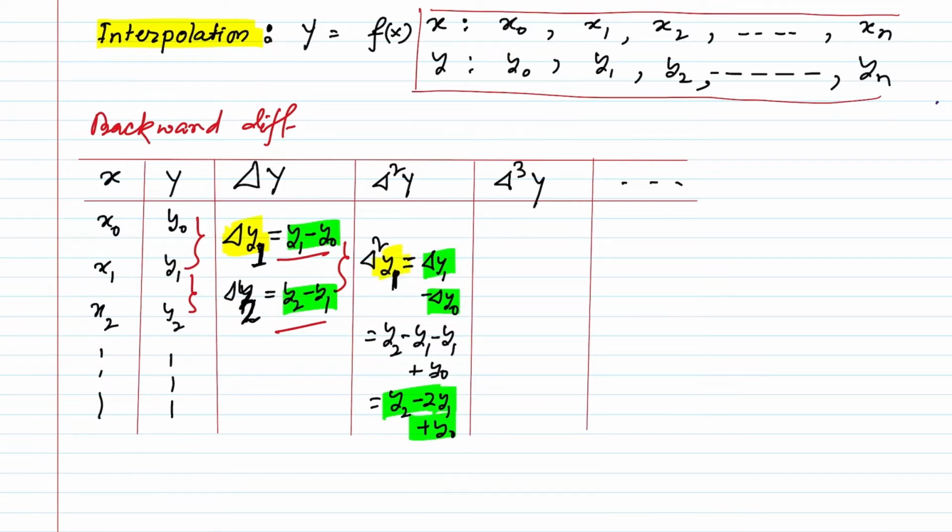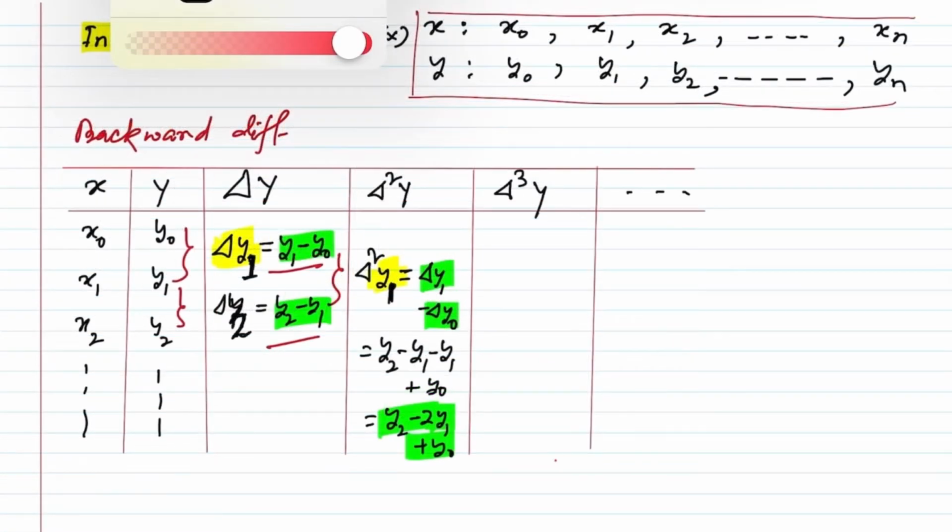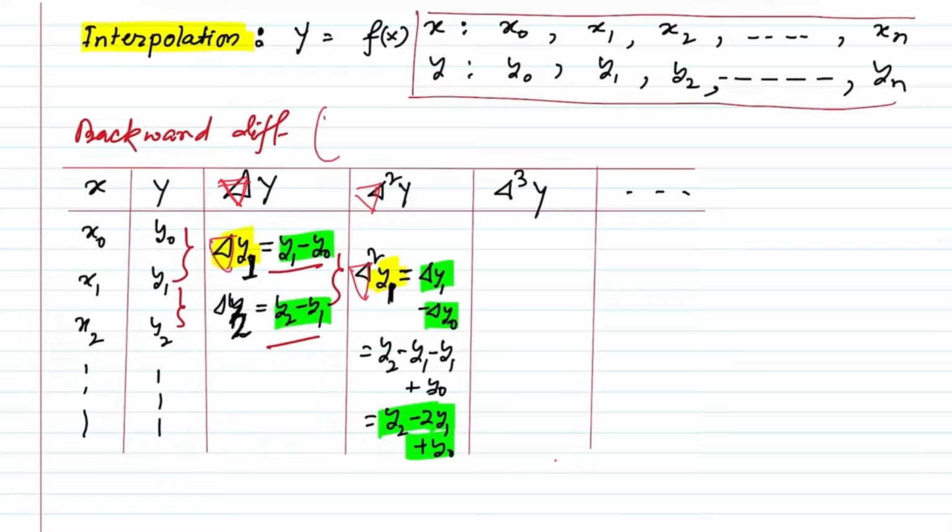Here also it will be nabla square y2, and also remember that this delta sign will be nabla in case of backward difference. This one will be nabla instead of delta.